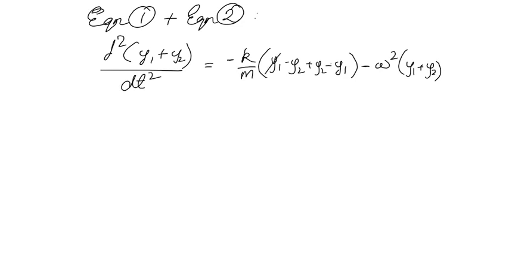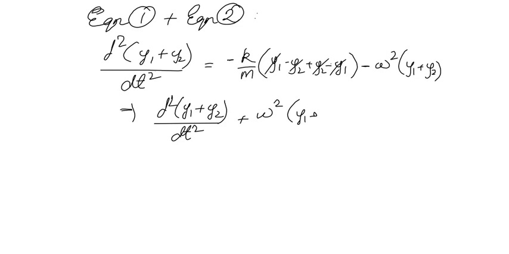But here y1 cancels out, y2 cancels out, so we can write d squared of (y1 plus y2) by dt squared plus omega squared times (y1 plus y2) is equal to 0.